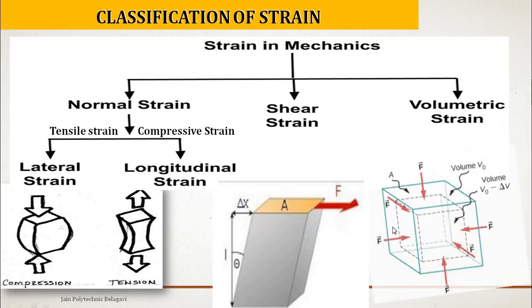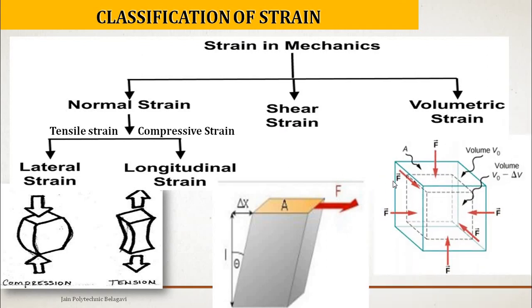Now coming to volumetric strain. Volume means there are three dimensions, right? There is a box with L, B, H, length, breadth and height, which is applied with compressive force from bottom, top, rear, front, right and left side. From all the sides the forces are applied. The original volume of the box is V0, and after applying the force the volume has reduced.